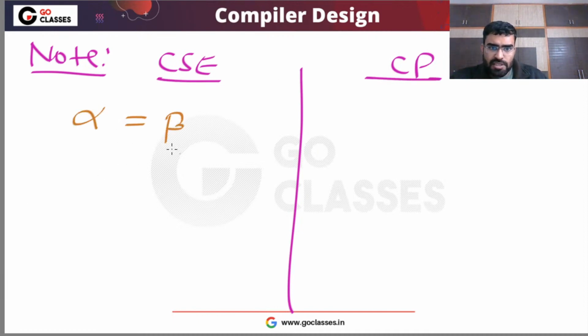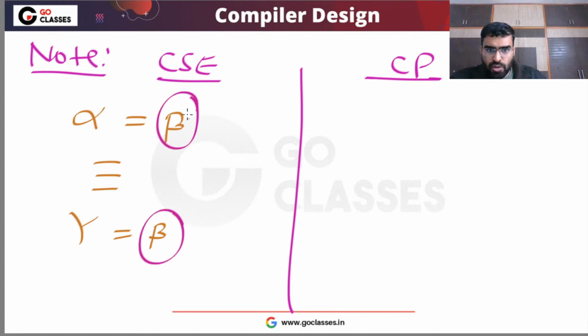This beta is stored, and after some time you have this gamma equal to beta. So you don't want to compute this beta again. You can replace this beta with alpha. This is called common subexpression elimination.